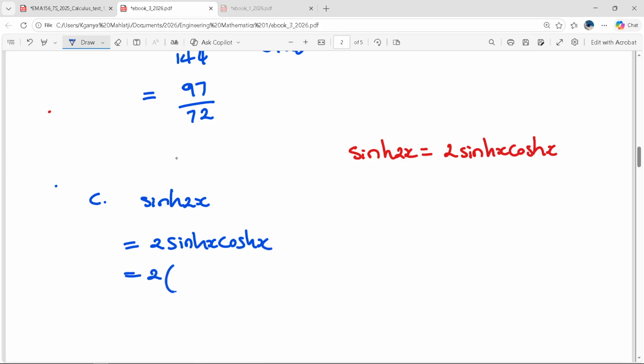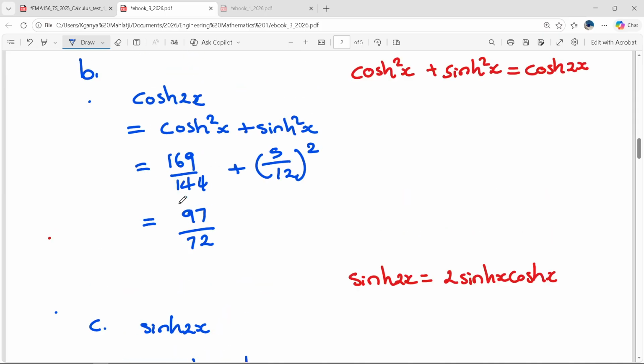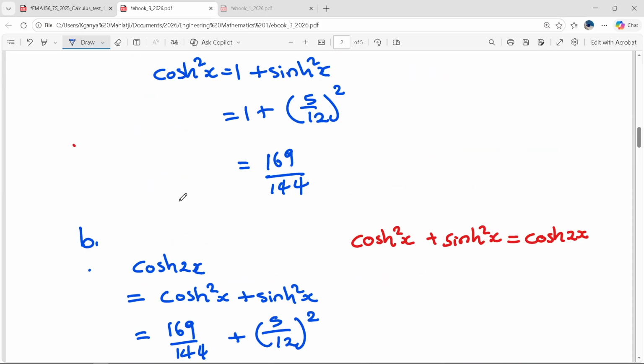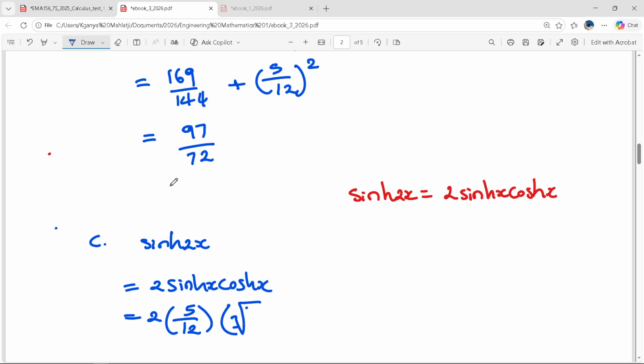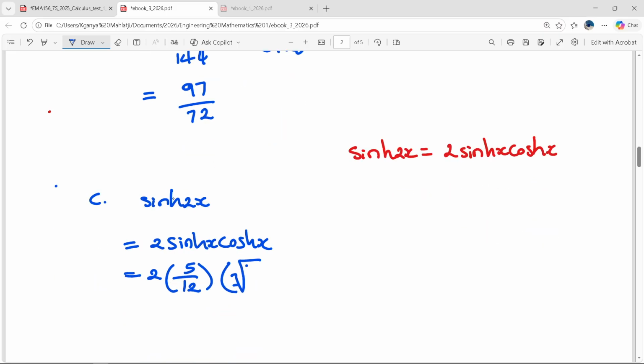Therefore you have 5 over 12 multiplied by the square root of that initial answer, the square root of 169 over 144.